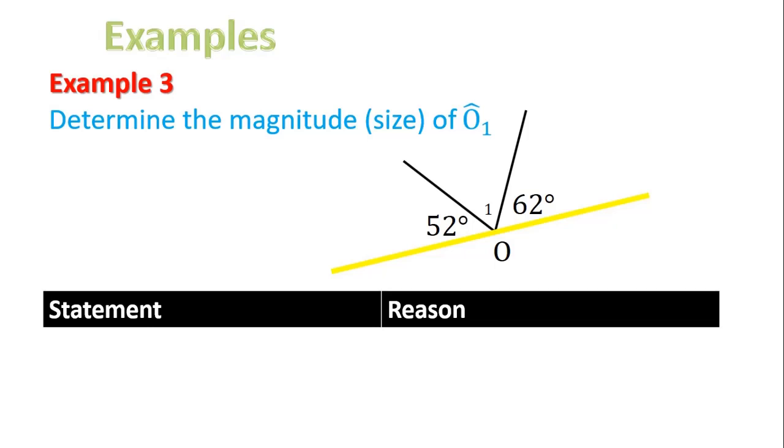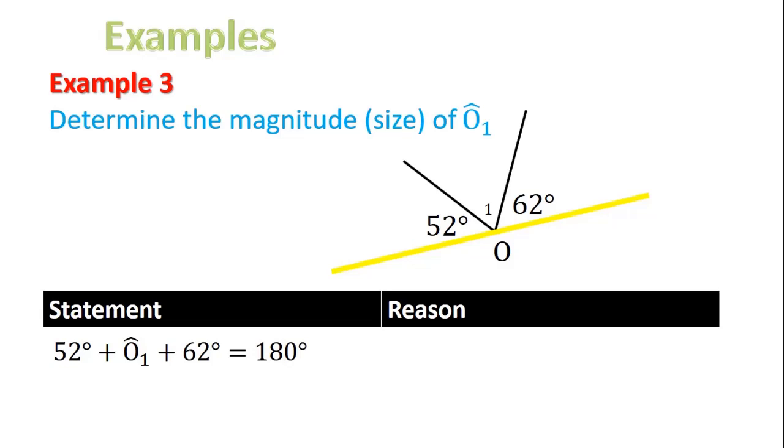And if we draw one there nice in yellow, we can see we have a straight line. Hopefully at this stage you know that angles on a straight line add up to 180 degrees. Therefore, I can write in my statement 52 plus O1 plus 62 degrees equals 180 degrees.